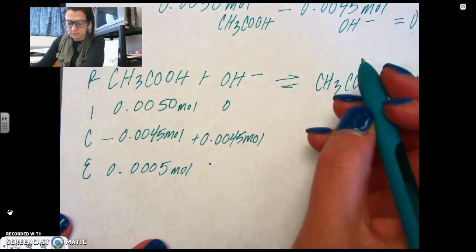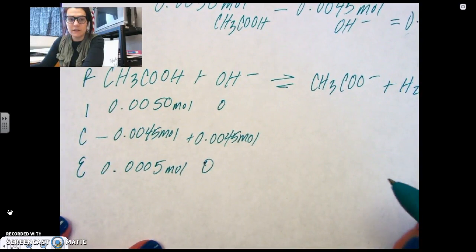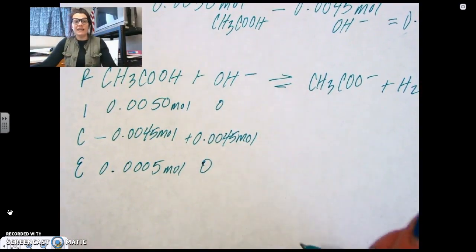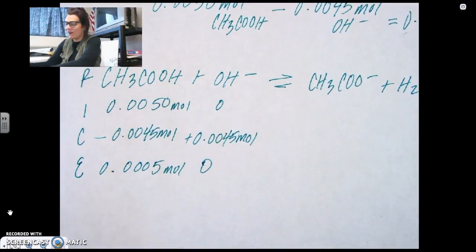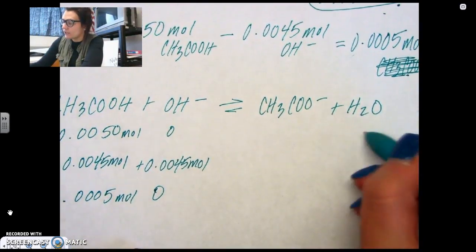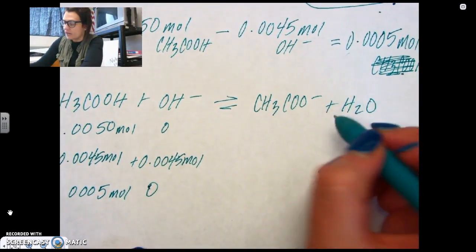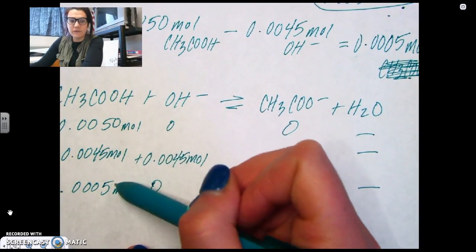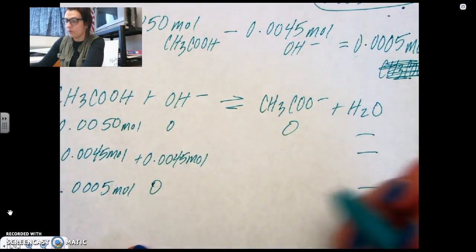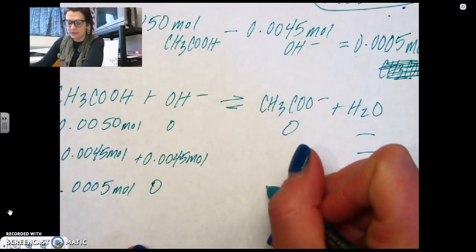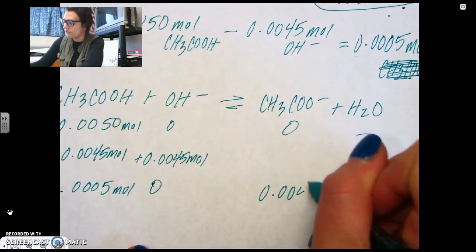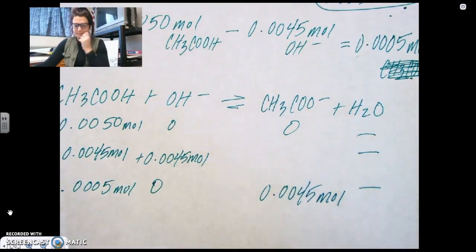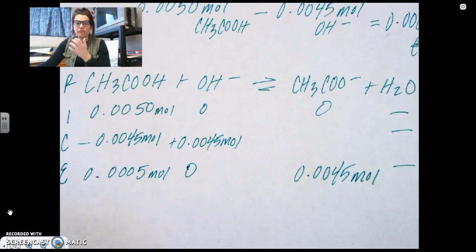I'm not going to have any hydroxide, because it's taking the proton to make water. But since water is not in an equilibrium expression, I start with 0 of the conjugate base, and since I lost this from here, it had to make something without its proton, and that's its conjugate base. So then I have 0.0045 moles here. So far, I have enough information to now calculate the pH.